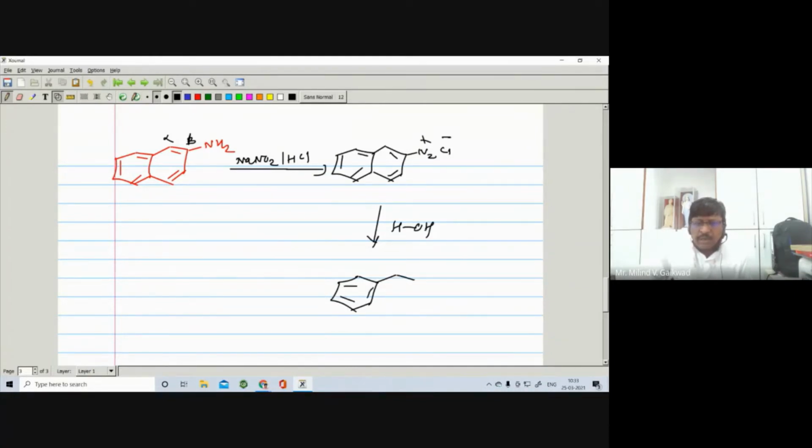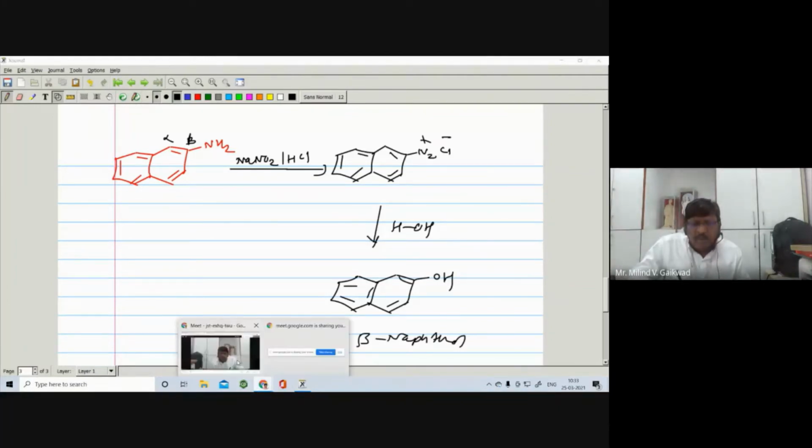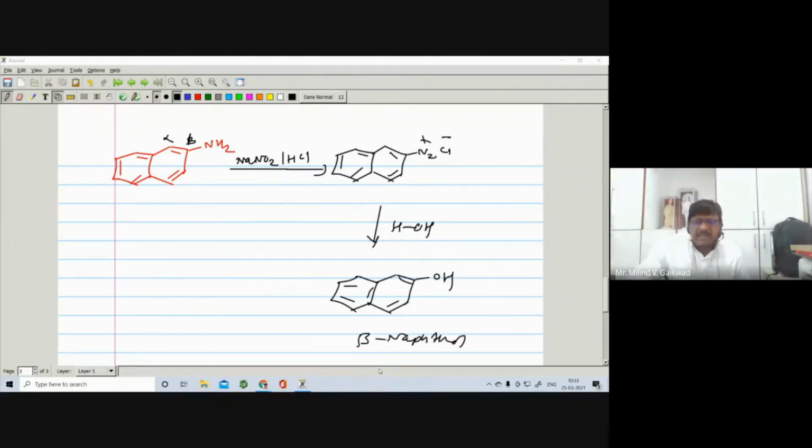So here also you add a nucleophile on the aromatic nucleus, and there is a formation of beta naphthol.